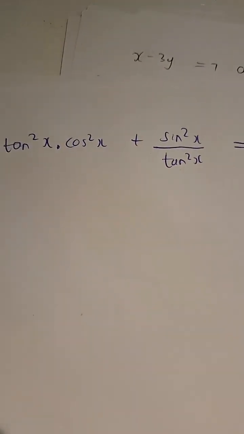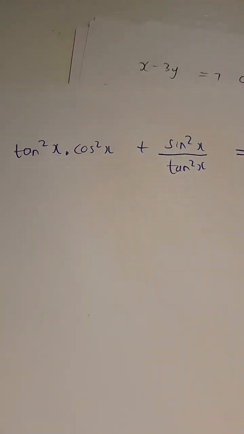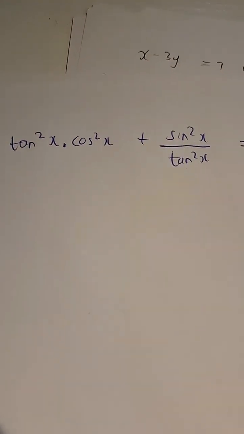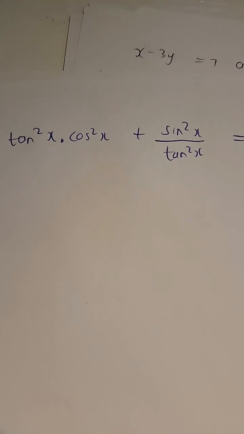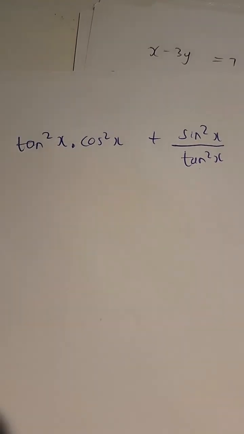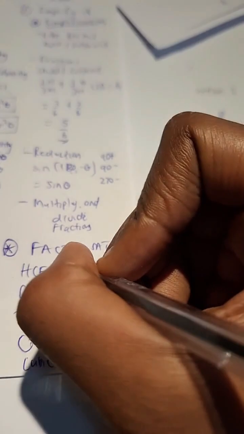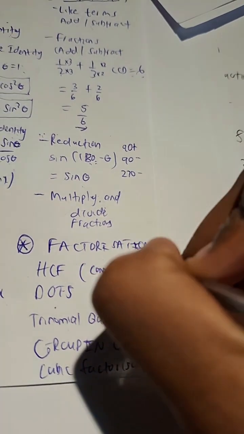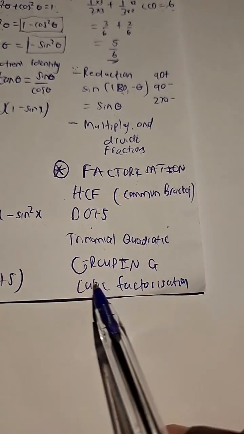Remember, when you take a common bracket, you are taking out a binomial highest common factor. Let me write that as well: highest common factor factorization, common bracket, one step after grouping.